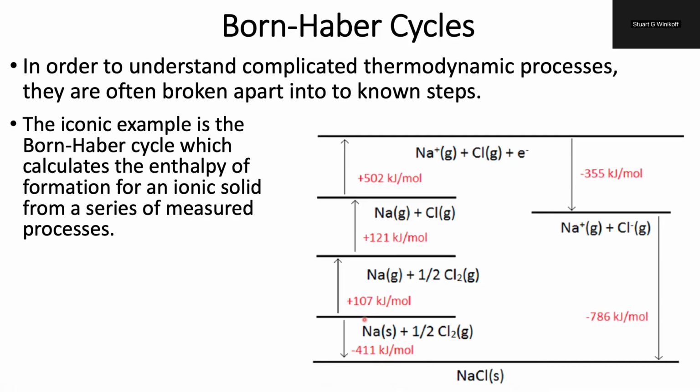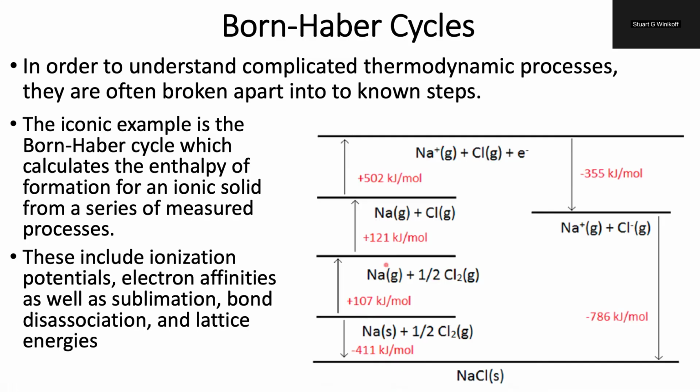a series of steps, such as the sublimation of sodium to sodium gas, the bond dissociation energy for chlorine going from diatomic chlorine gas to monatomic, followed by the ionization of sodium, and then the electron affinity of chlorine to take that same electron and move it onto the chlorine.